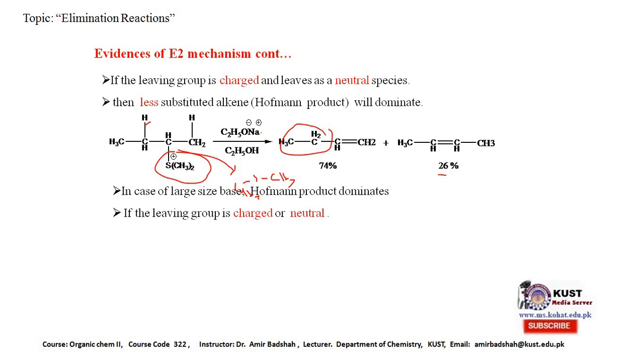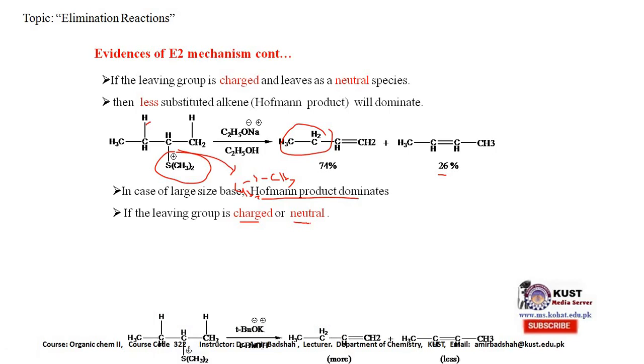In that case, if a base of large size is used, then the Hofmann product will dominate. In that case, the nature of the leaving group, whether it is present as a charged species or as a neutral species, doesn't matter. The dominance will be that of the Hofmann product.